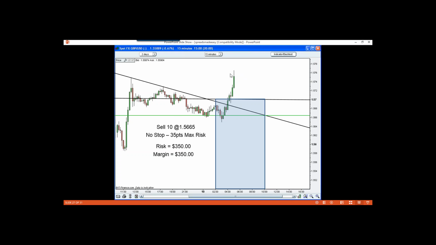Well, what happened with the spread? I knew exactly my risk, 350 bucks. It went against me. When it hit the ceiling of this spread, does it close the trade out and I'm down 350, or is the trade still open? Trade's still open, right? Just because the market popped up, hit the ceiling and kept going, did not close out this trade.